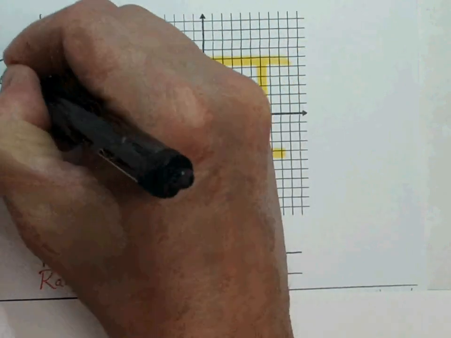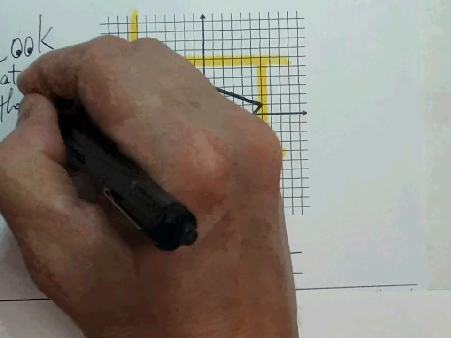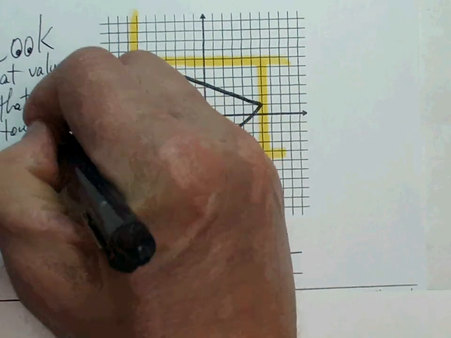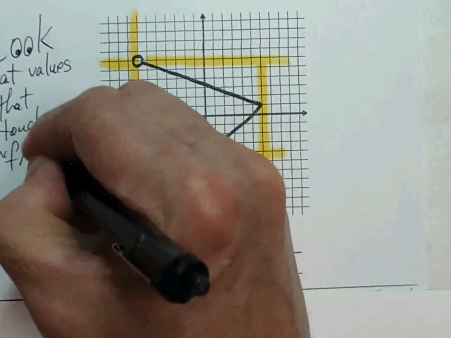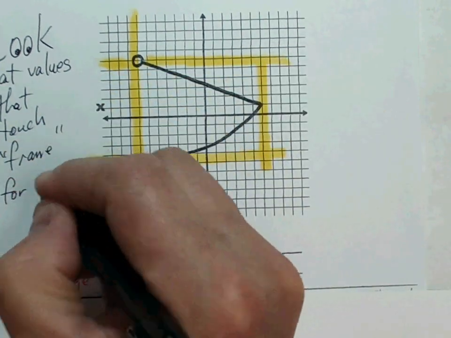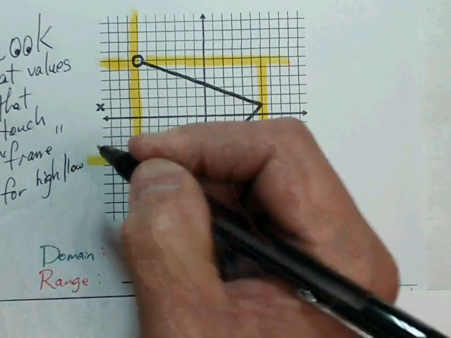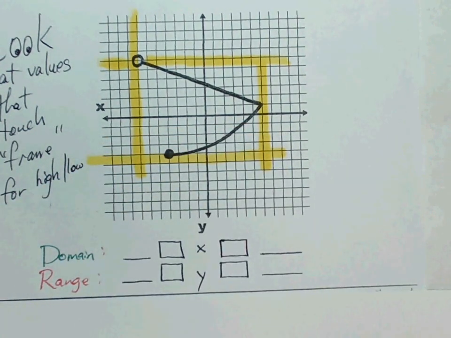Look at the values that touch this quote frame, and that's going to give you your high-low or low-high points. Okay?